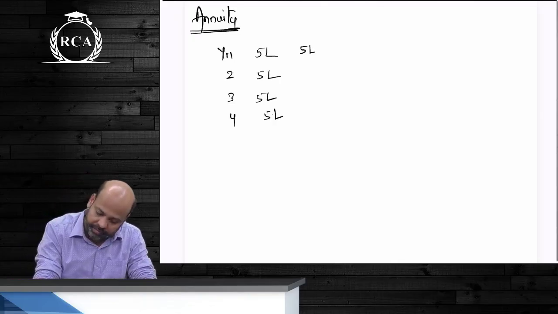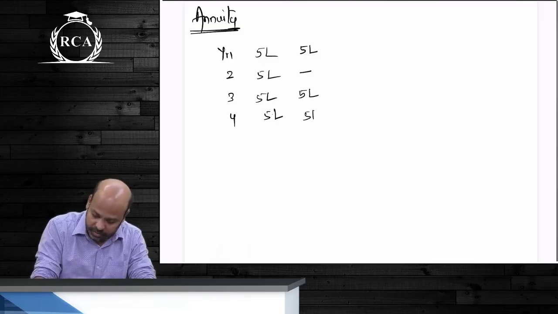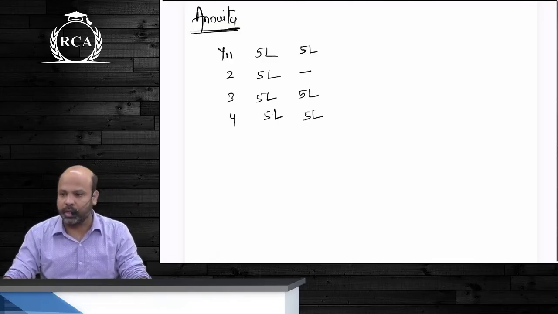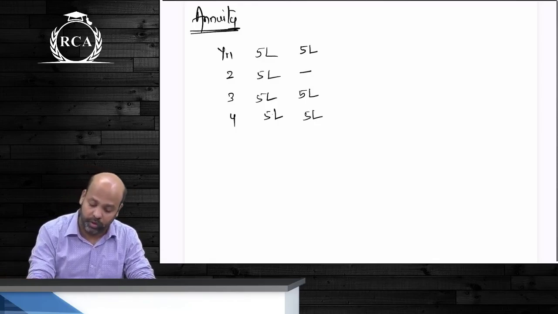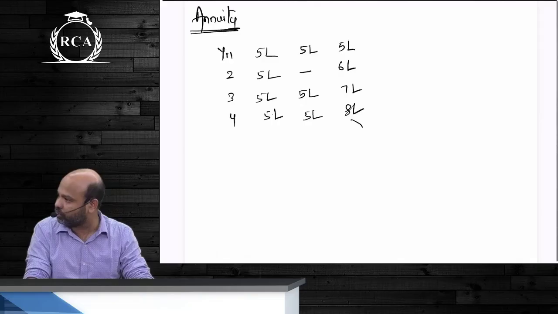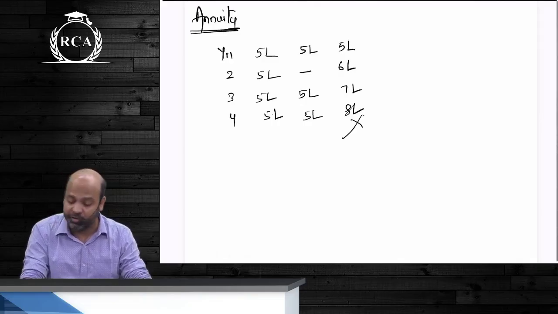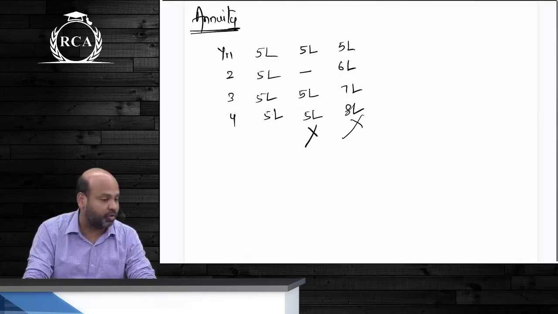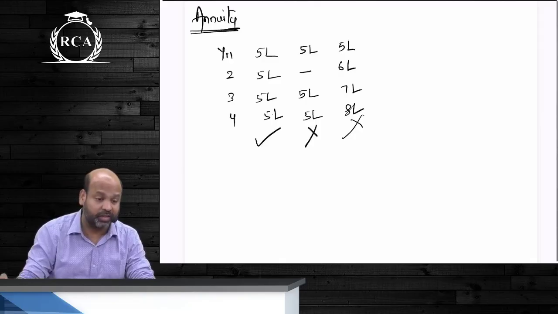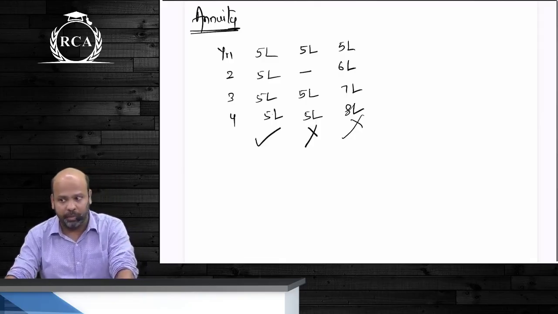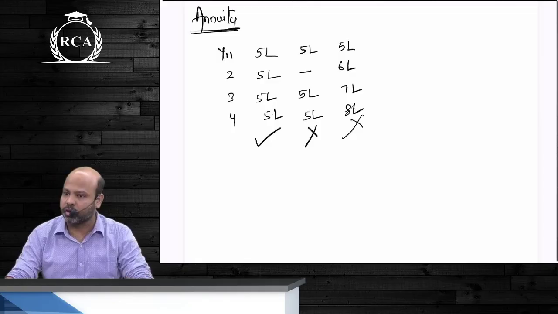What if you will receive 5 lakhs in the first year, nothing in the second year, 5 lakhs in the third year, 5 lakhs in the fourth year? This will not be a case of annuity. What if you're receiving 5 lakhs, 6 lakhs, 7 lakhs, 8 lakhs? No, this is not a case of annuity. यहाँ पे cash flow constant नहीं है, यहाँ पे time gap is not constant. Here cash flow is constant as well as time gap between two receipts or payments is also constant.